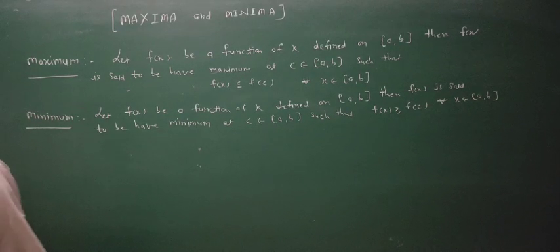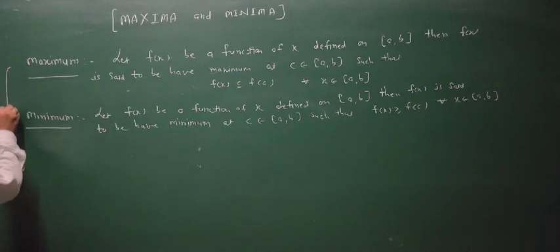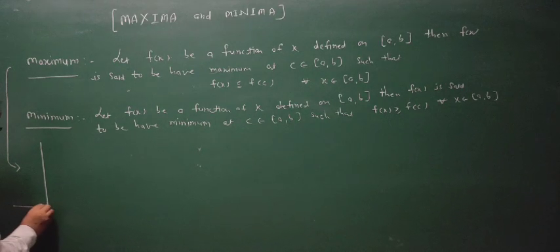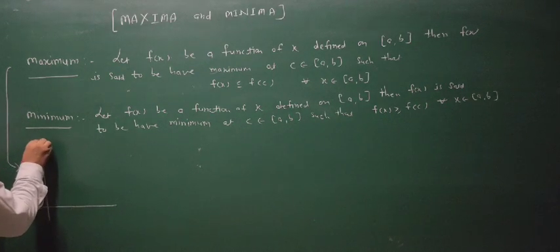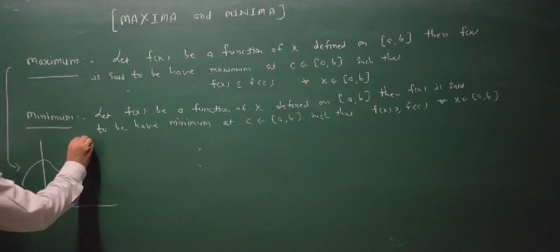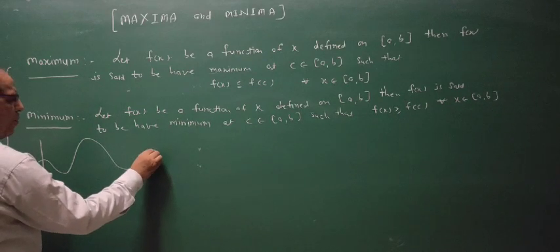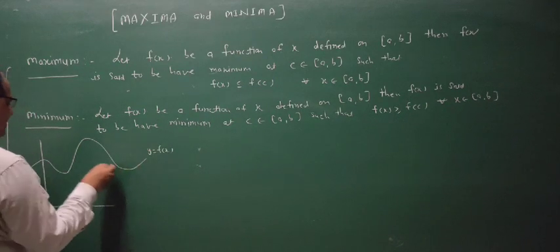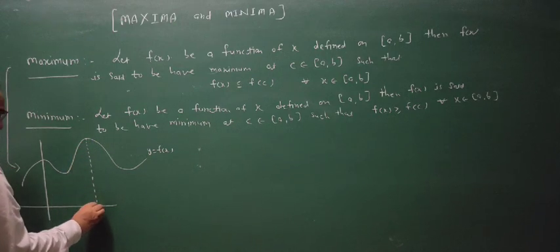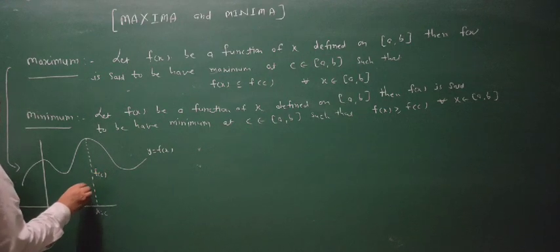If we go through the graph, I have to discuss here the maximum. Suppose this is the graph of the function y equal to f(x), and this is the point where x equal to c. So this value becomes f(c).